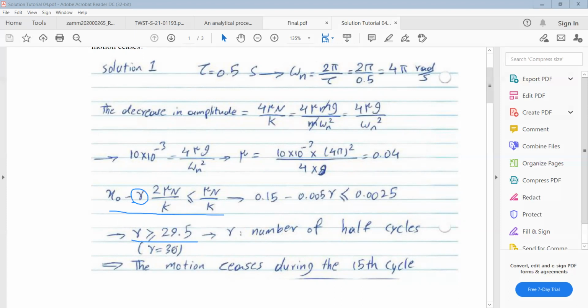So we will have 30 half cycles, and the complete cycles will be R divided by 2, because this is the number of half cycles. So the number of complete cycles will be R divided by 2, or 15. Okay, any question? Is it clear?